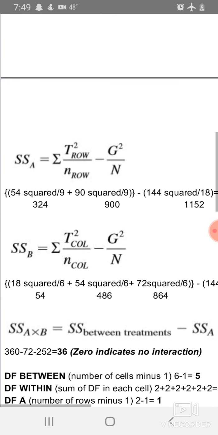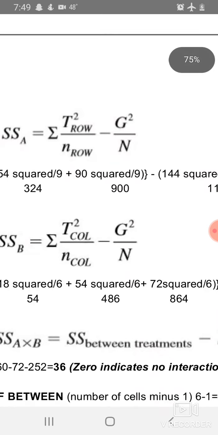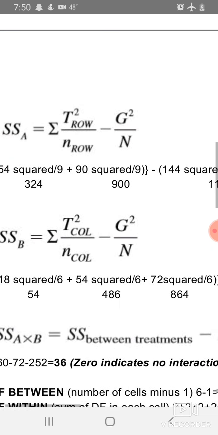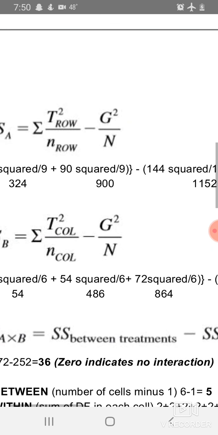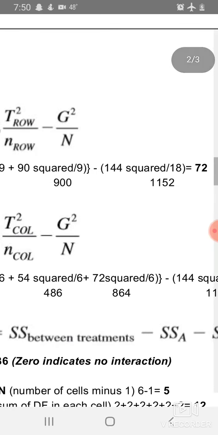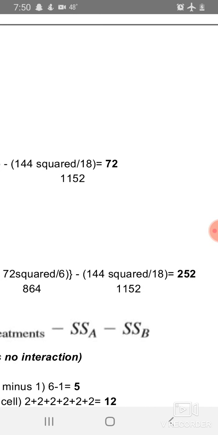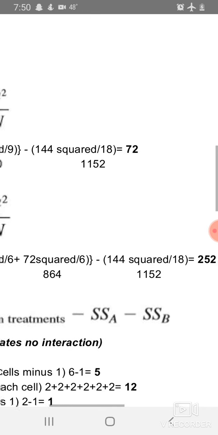There are 6 participants in each column, 3 per cell, 2 cells per column. So if you do 18 squared divided by 6 equals 54, 54 squared divided by 6 equals 486, and 72 squared divided by 6 equals 864, minus 144 squared divided by 18, or the grand total squared divided by 18, which equals 1152, and that equals 252.